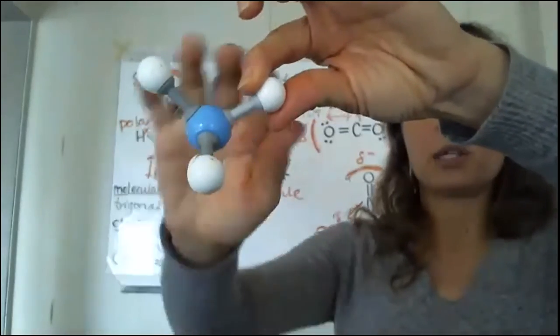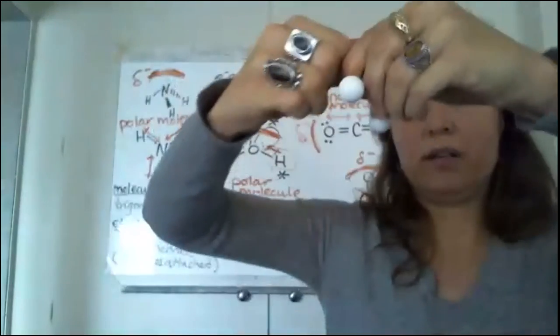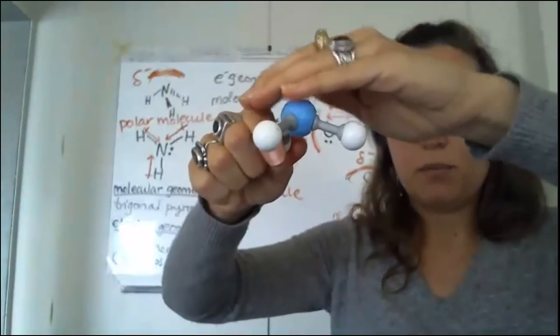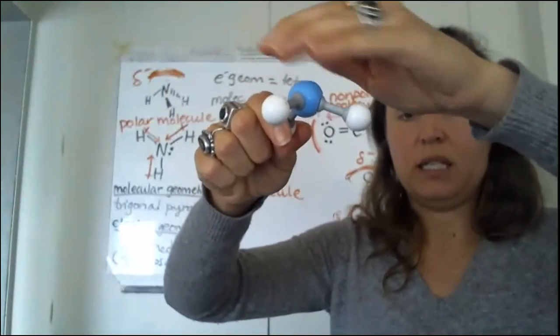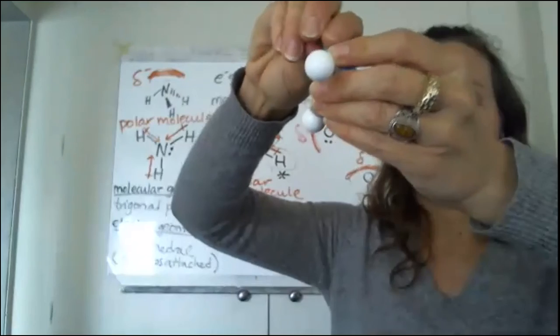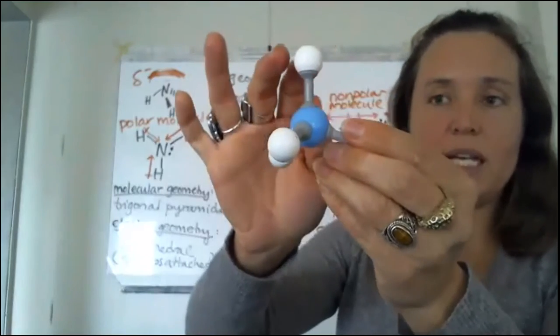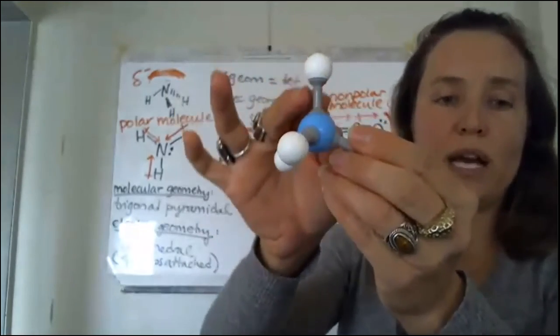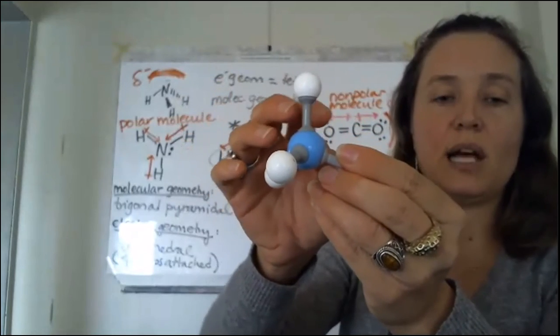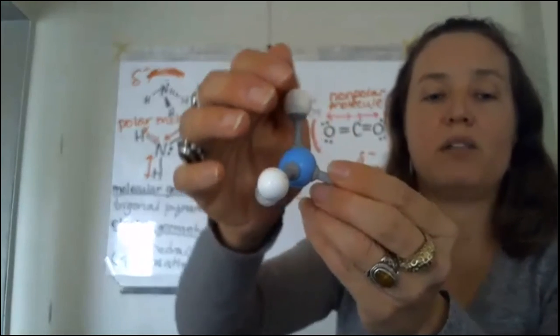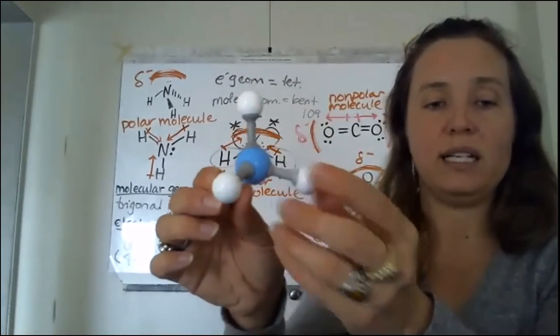Exactly. So now there's no one side like before, where one side of the whole molecule had more electron density. Now this hydrogen is allowing this nitrogen to pull electron density toward itself. So now there's no longer a side of the molecule with more electron density.